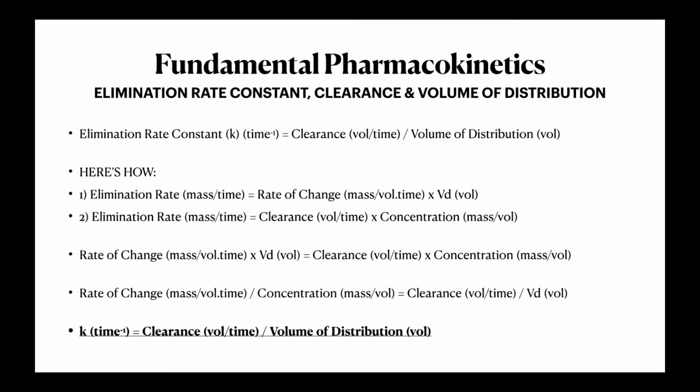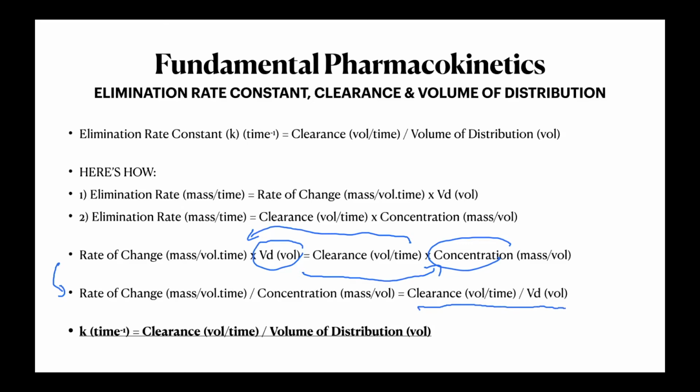And what we're going to do is move volume of distribution over to here, and move concentration over to here, so that we get this formula. We get rate of change divided by concentration equals clearance divided by volume of distribution.